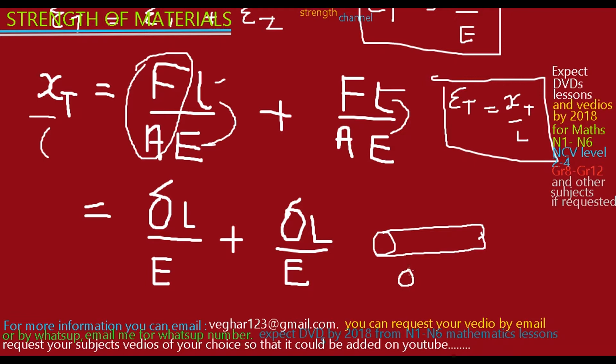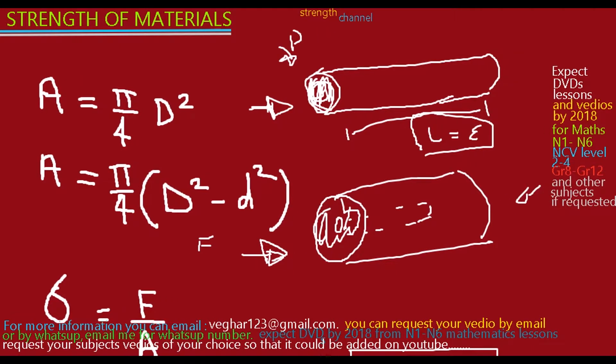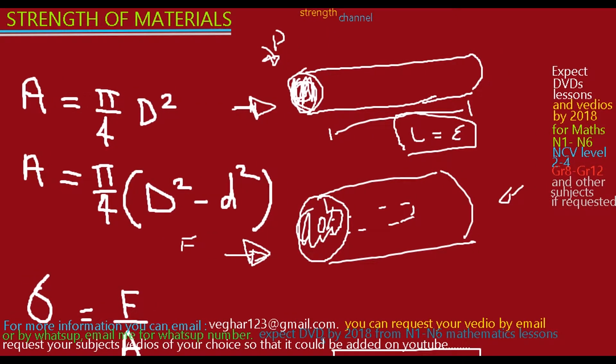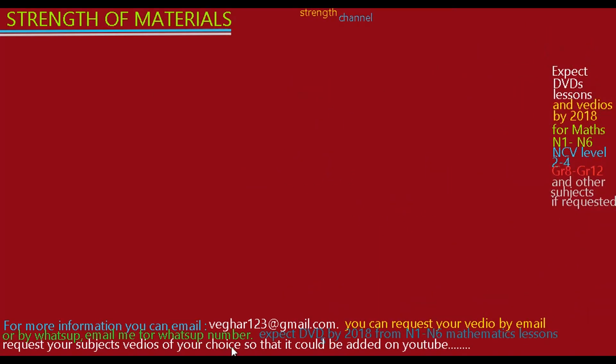So when you deal with a question like this, you must bear in mind the area. Be careful with the area, be careful that the stress is not the same, and the strain equation you must know. If you know the equation for this chapter, you can be covered.